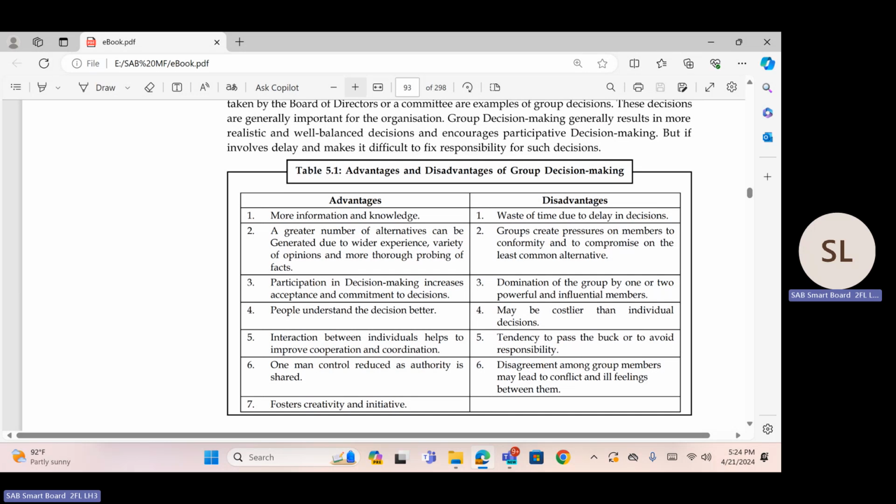It is more seen in group decision making, but it is not seen in individual decision making. And group decision making is suitable for making creative and innovative decisions, but that may be limited in individual decision making.